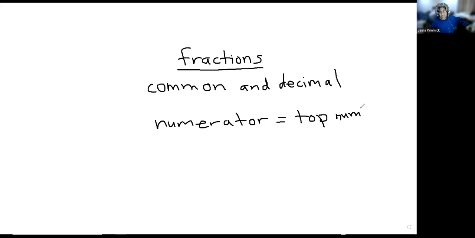And denominator equals the bottom number. Okay.